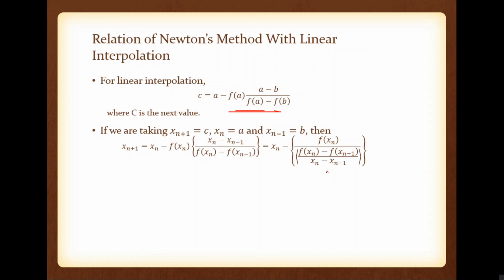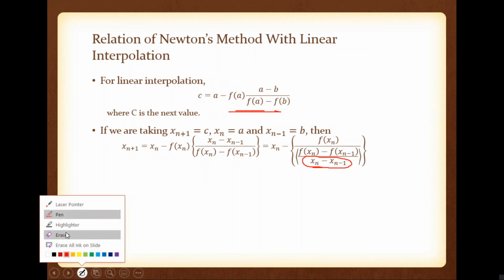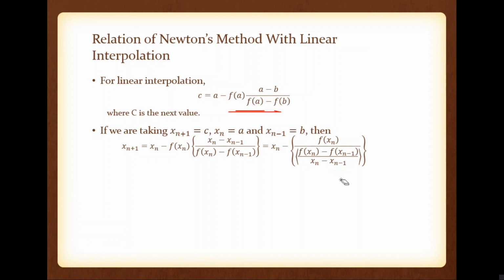Am I correct? So my question is, what happens if this difference is tending to 0? What happens if the limit of xn minus xn minus 1 tends to 0? Can anyone say? If it tends to 0, then this term will become a differentiation.